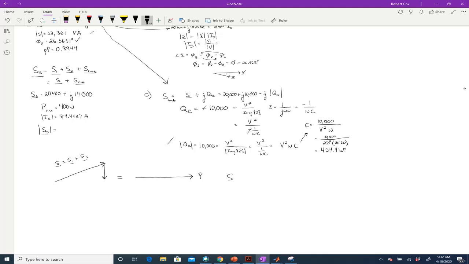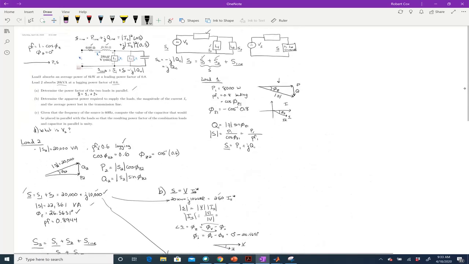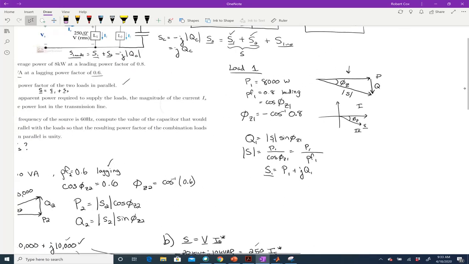My new S, I'll call S new, is just the P value that I had before, so it should be 20,000. We call that unity power factor because the angle is 0 degrees. That means the voltage and the current flowing through that load are in phase with each other. If I drew V and I, they would align, which means the load must now look like a pure resistor.